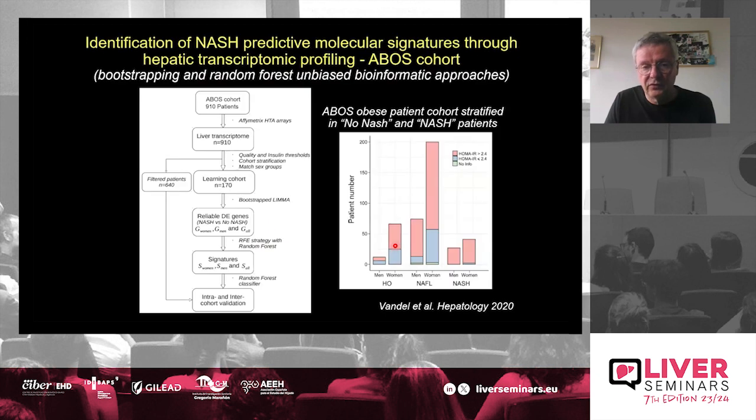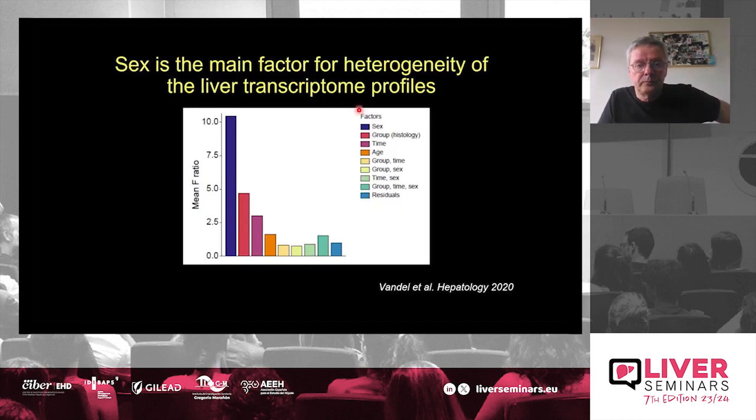So we use this cohort to look at, using bootstrapping and random forest bioinformatic approaches, which parameters result in the highest heterogeneity in this whole cohort, in the transcriptomic of this whole cohort, if you put them all together.